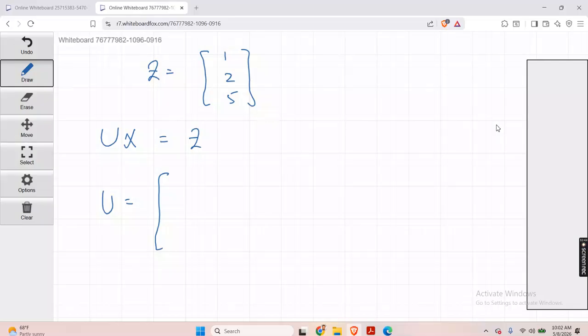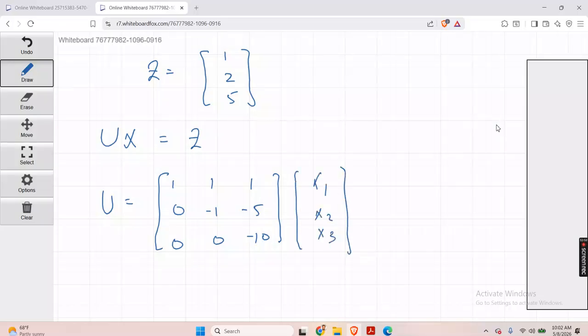U is the matrix we calculated, which is 1, 1, 1, 0, minus 1, minus 5, 0, 0, minus 10. X is given in the question, x1, x2, x3, and Z is equal to 1, 2, 5 we just calculated here.